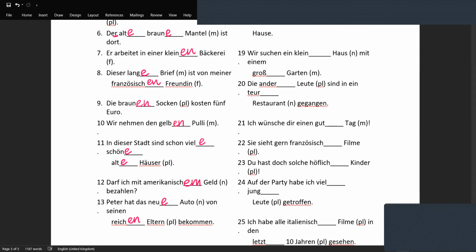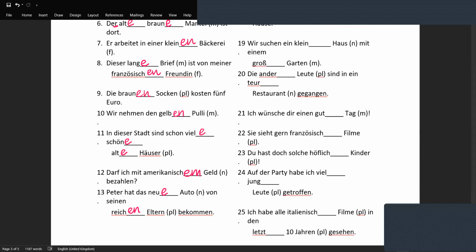And then these sentences here. 19, right? Ja, wir suchen ein kleines Haus mit einem großen Garten. That is correct.